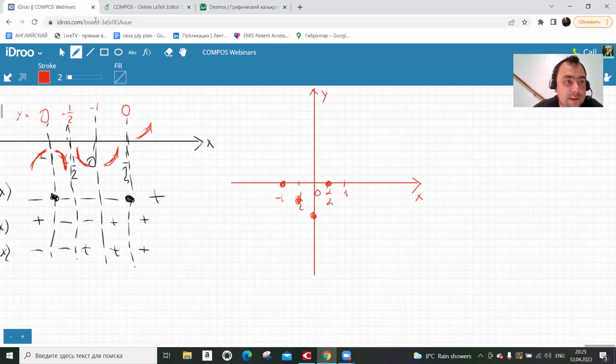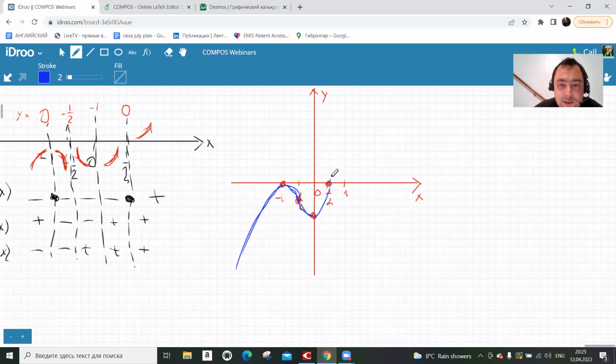And then we look at this graph. So we look at this part, and this part. The function is increasing, but it is concave. Then it's decreasing and it is concave. Then it is decreasing, but it is convex. And then it is increasing, but it is convex.